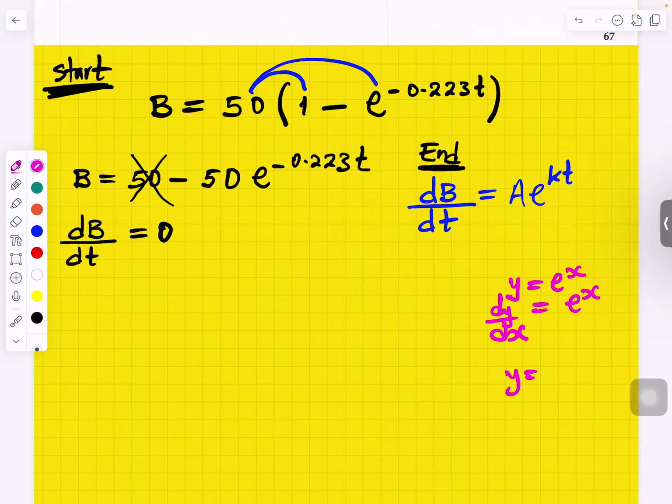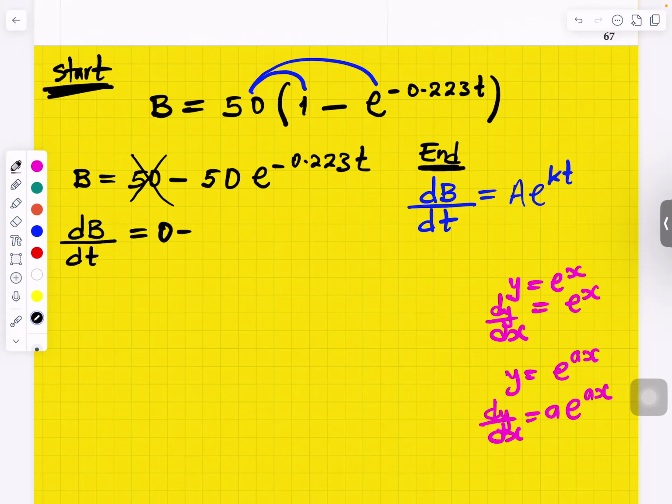If y is equal to e to the ax, you differentiate the ax first. That gives you a, and then e to the ax. So those are two formulas which you need to memorize, the ones in pink there. It helps to differentiate that.